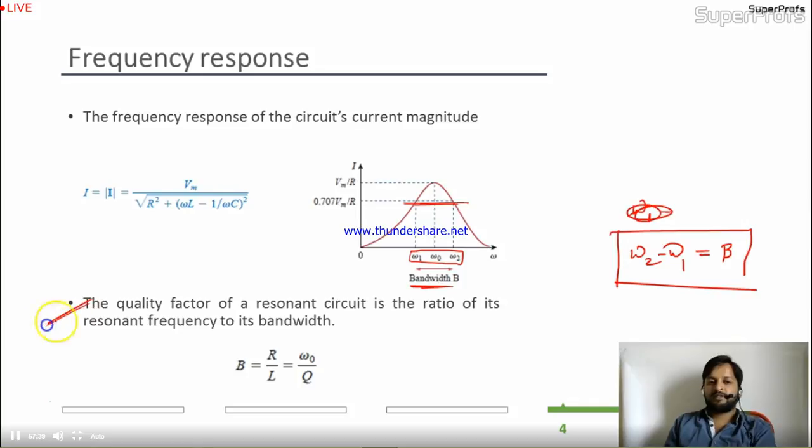Now come to another term, the quality factor. The quality factor of a resonant circuit is the ratio of its resonant frequency to the bandwidth.